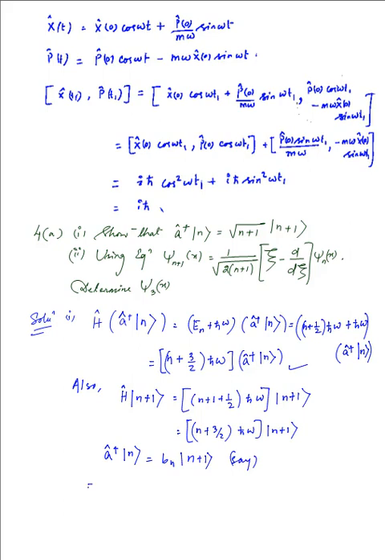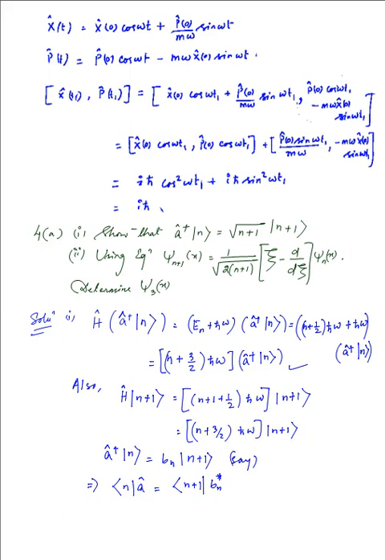So now we have the other way around, the bra vector, and that gives us the conjugate on the right hand side.